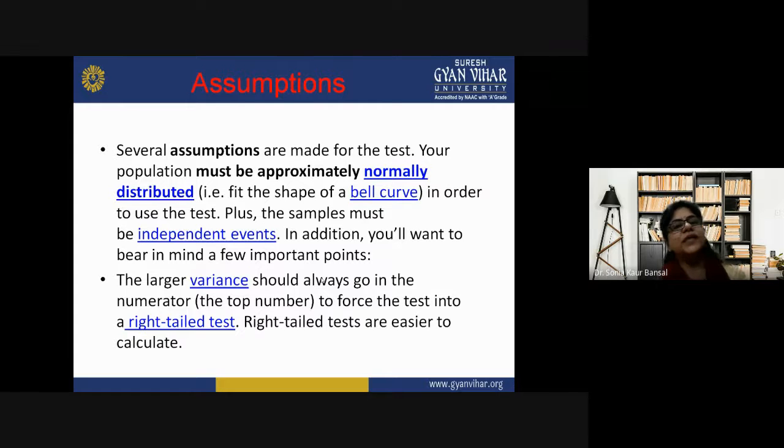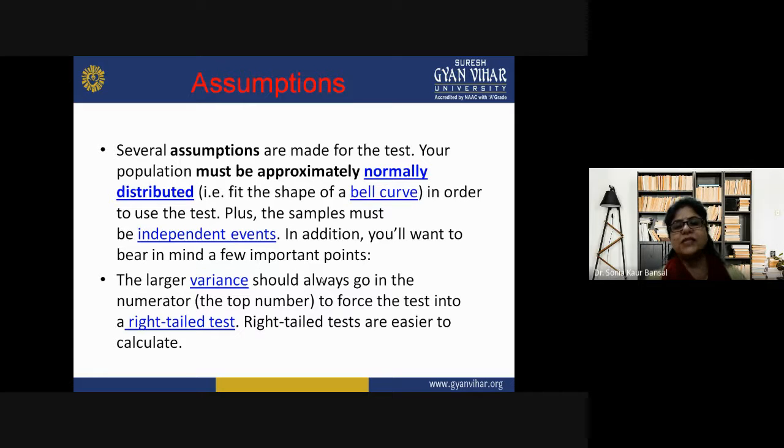Now, what are the assumptions lying behind the F test? So students, as researchers, I know you will be doing hard work for your research, your dissertation, your thesis, and you will be applying your data, and you have selected your hypothesis in a very refined way. But what are the assumptions when we are using any particular test?